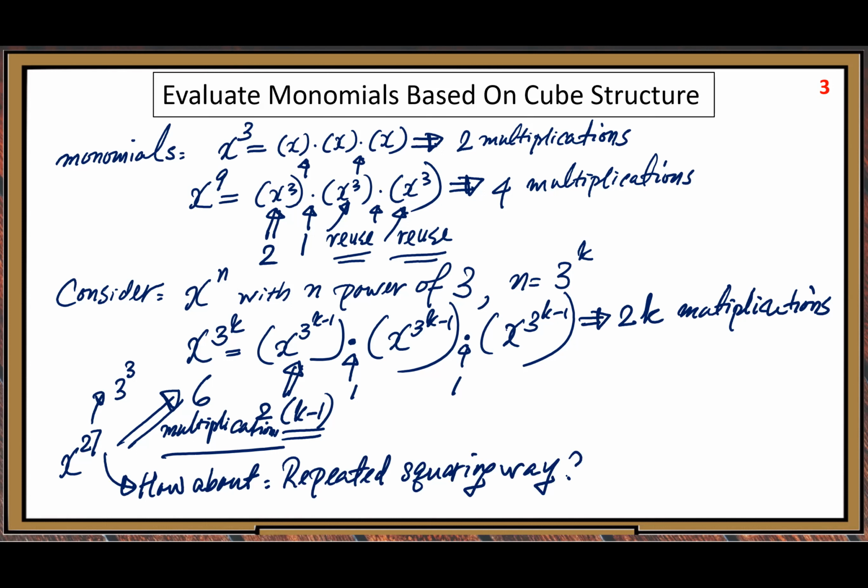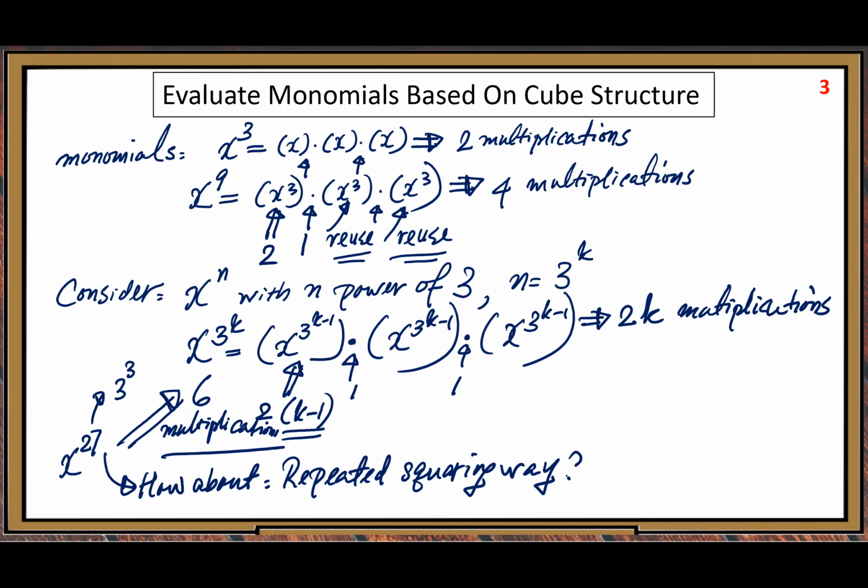So we try to write the exponent n as a sum of powers of 2. 11 equals 8 plus 3, and 8 is another power of 2. 3 equals 2 plus 1. So you can see it is a sum of powers of 2. Then we can apply the repeated squaring technique.